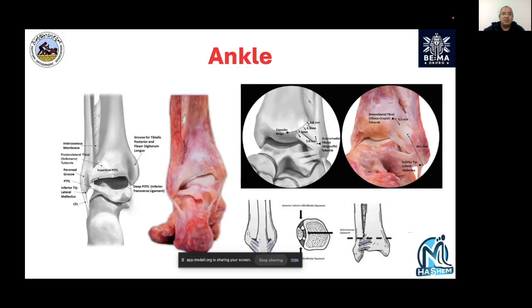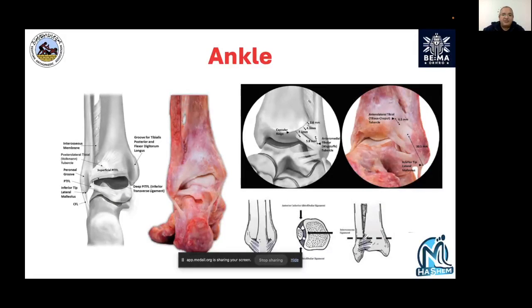When you fix that, you disturb the whole mechanics of your ankle. That's why the tightrope came into place, and its use is going more and more. But the problem with the tightrope is that it is very flexible and depends on the tension you apply when you put it in, so it has a lot of human error.